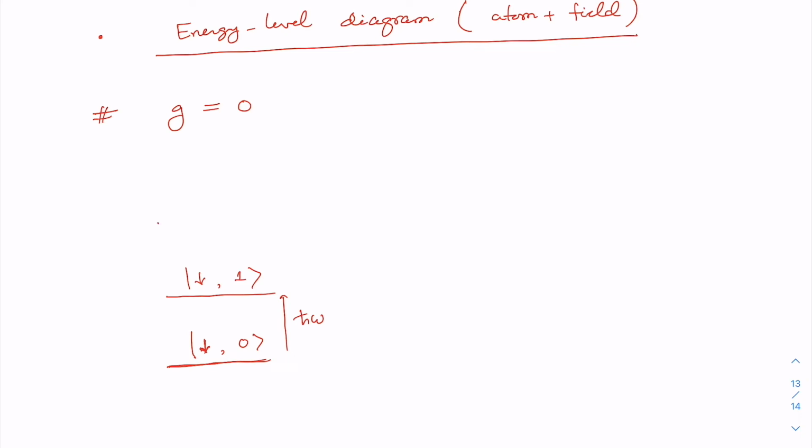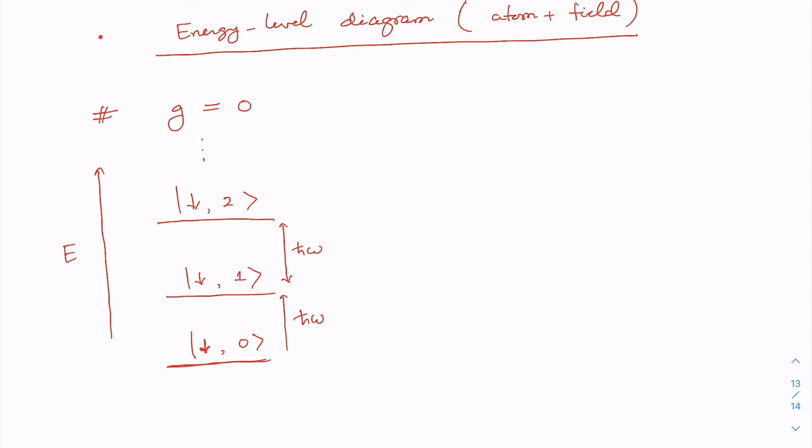And then if we put another photon, then the energy would be enhanced further. With respect to the ground state, the energy would be twice h cross omega. Now the atom is in the ground state and there are two photons in the field mode, and so on. We can go on and on in the upper direction. So this is what we have as the energy.